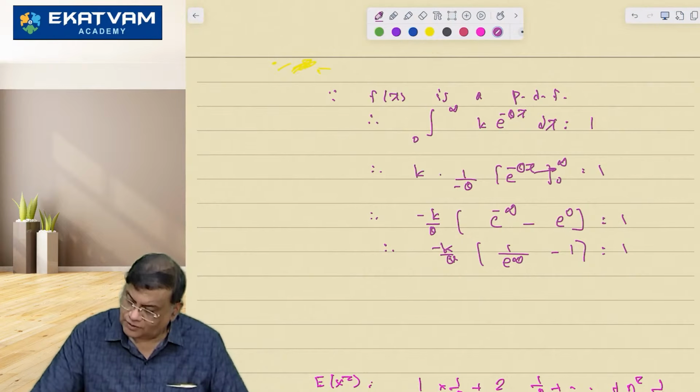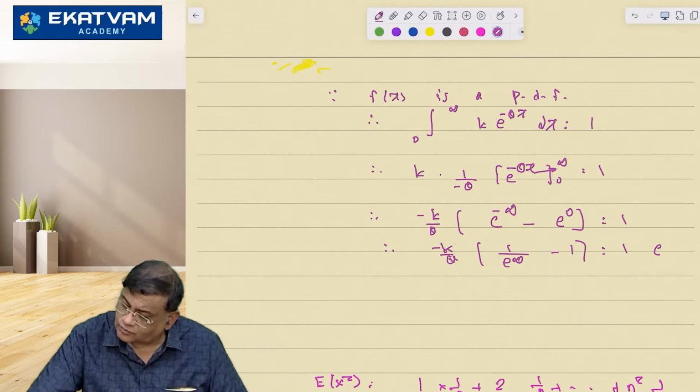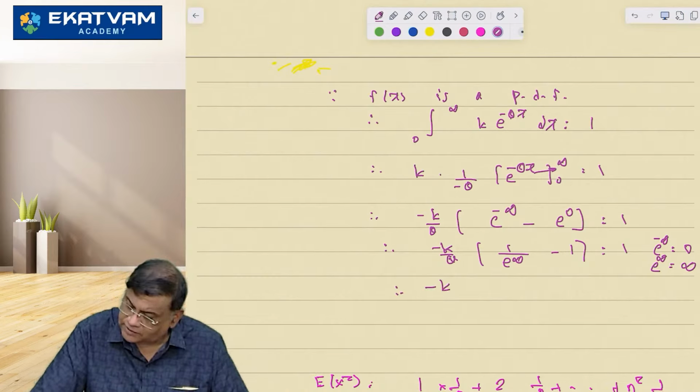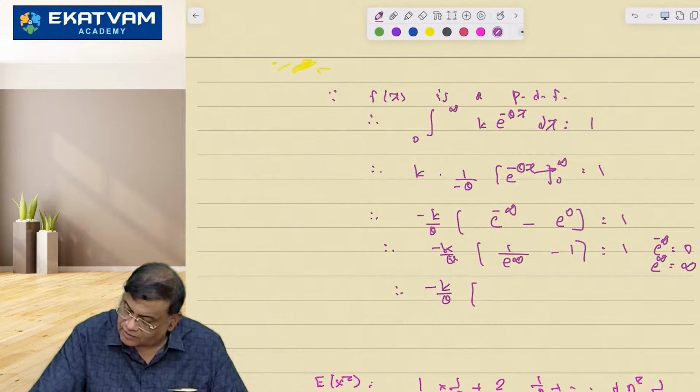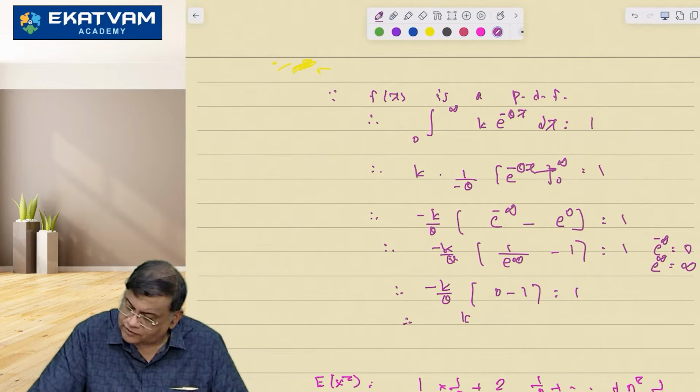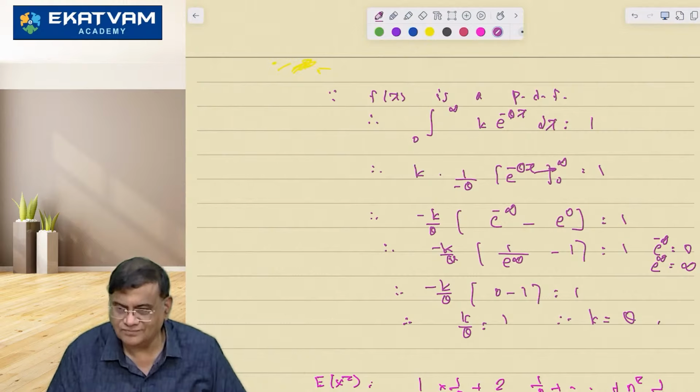And therefore, e raised to minus infinity is 0, and for that matter, e raised to infinity is infinity. And therefore it will be minus k by theta into 0 minus 1 should be 1. Therefore k by theta is 1. As such k is theta. Yes, understood?